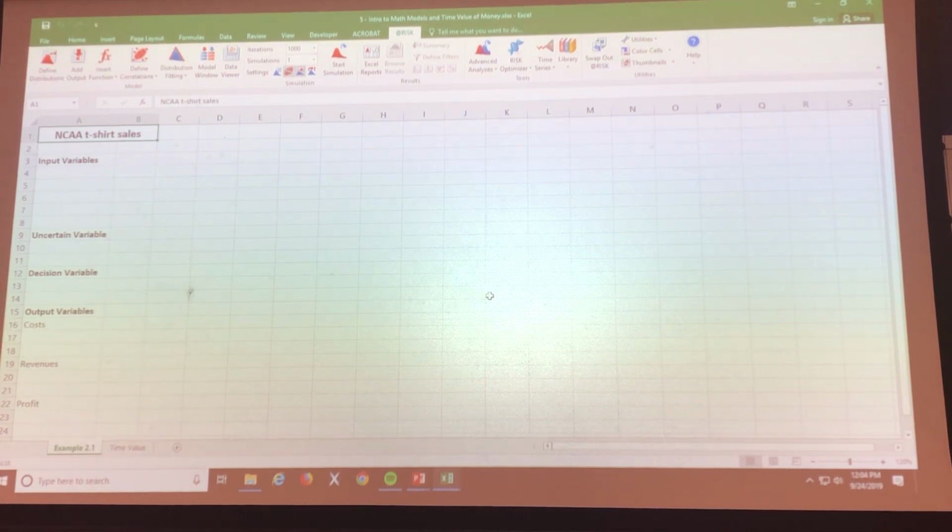What you want to do with any model is set up an input area where you put in your hard-coded known values, up the top, to the left, wherever you want to put it. Then everything after that, as best you can, references back to that section.